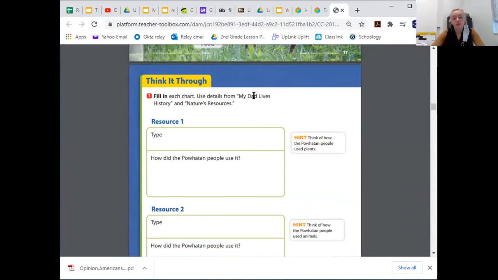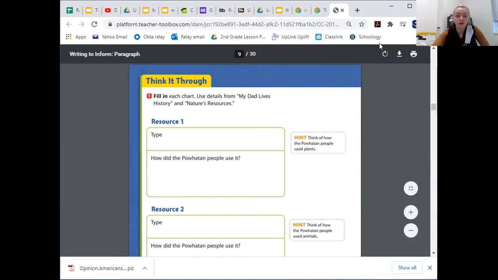Use details from My Dad Lives History and Nature's Resources. So right here, since it's telling us to use details from those two texts, I know that it's really important to return to the text for details so we can write down the right things on our chart. So let's do the first one together so you guys have an idea of how to complete the rest of your chart.